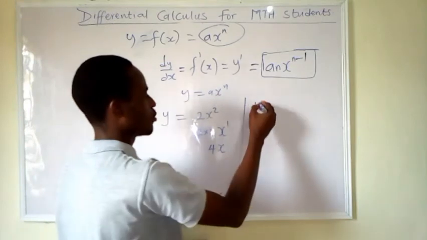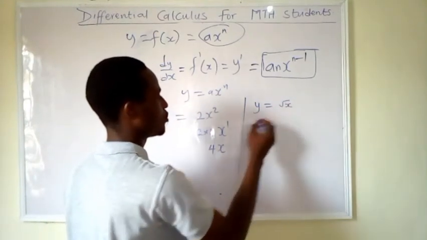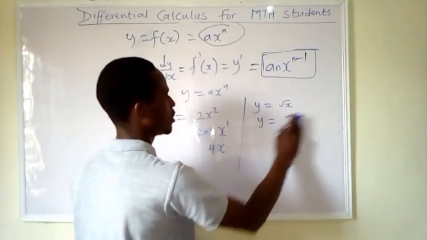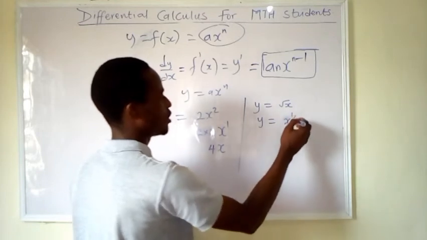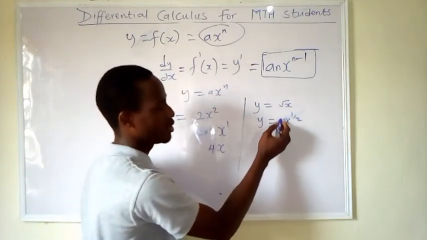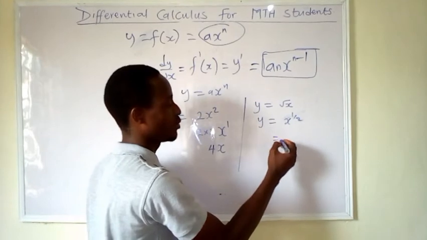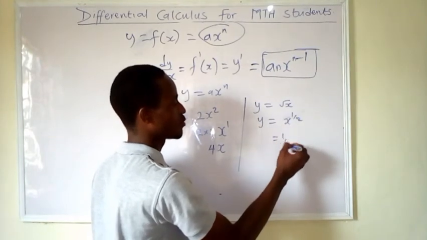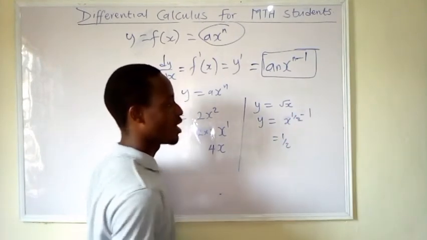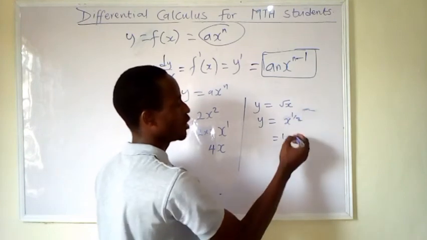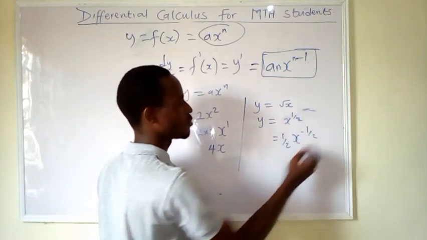So if I do that for y equals root x also, which implies that this equals x raised to the power half. So the coefficient here is 1, which is a. So meaning I'm going to have 1 times half, which is half. Then subtract 1 from half, and that would give us x raised to the power minus half.